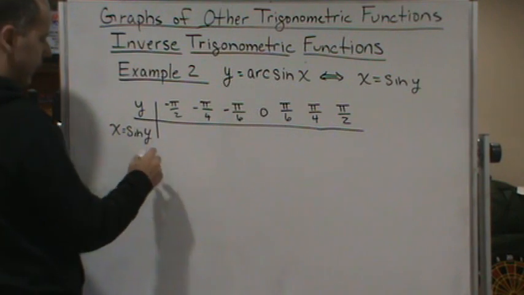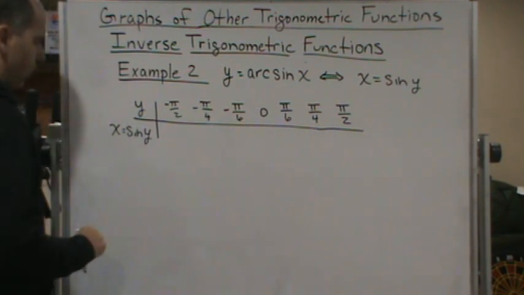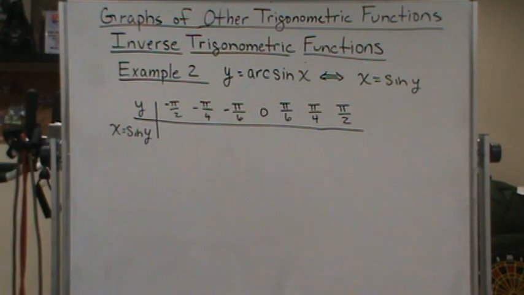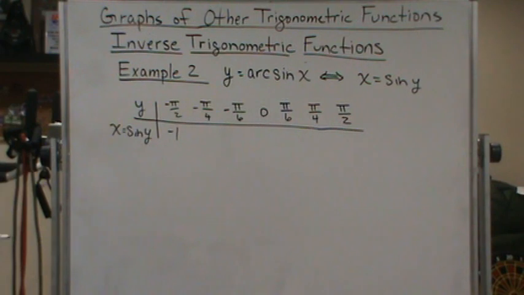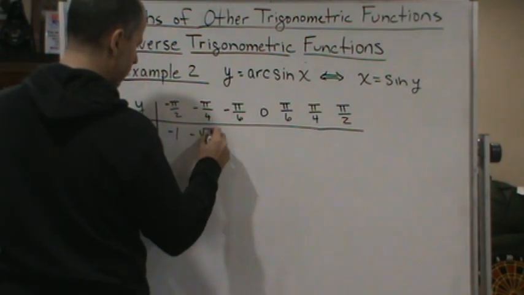So now I'm going to put all my x values here. So the sine of negative pi over 2 is negative 1, right? And then the sine of negative pi over 4 is negative square root of 2 over 2, right?